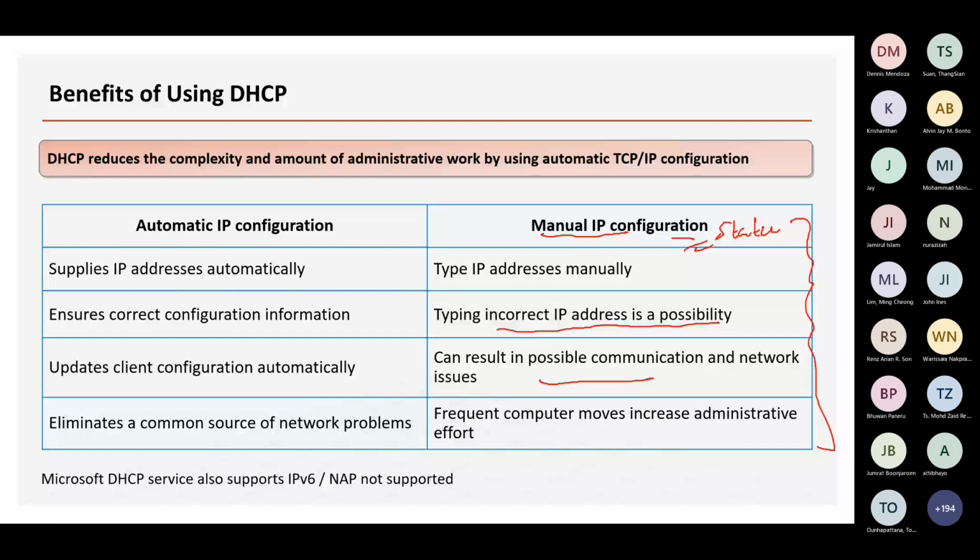For example, if you have an organization where you have only 20 or a maximum of 100 computers available, in that kind of situation, you may go for a manual IP address here. Otherwise, it will be tough for you to manage or maintain the infrastructure. I hope it is clear.